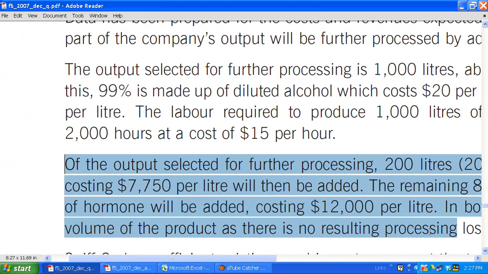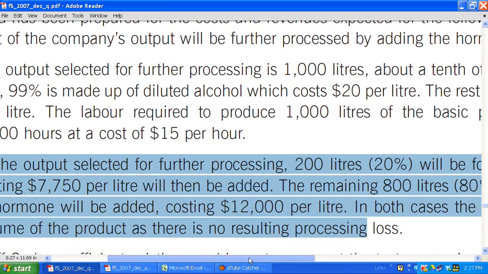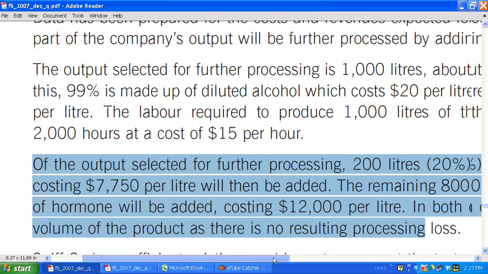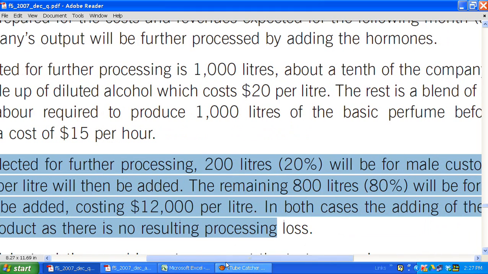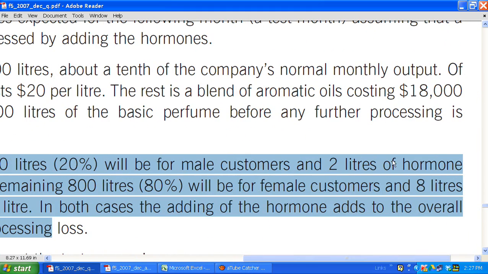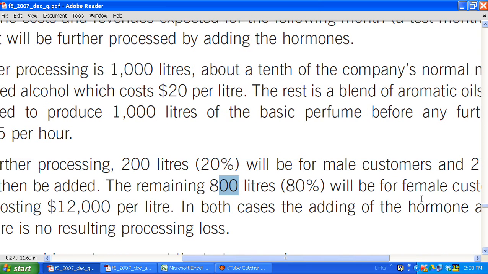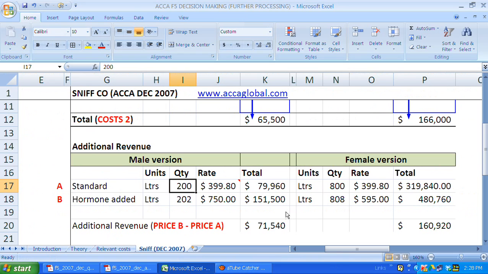Okay, so you see this statement right here, of the output selected for further processing. 200 liters will be for male customers, meaning that 800 will be for female customers. So 200 right here, and then 800 right here.